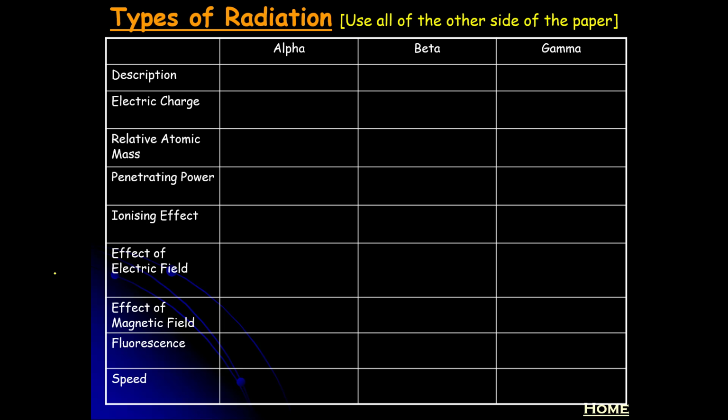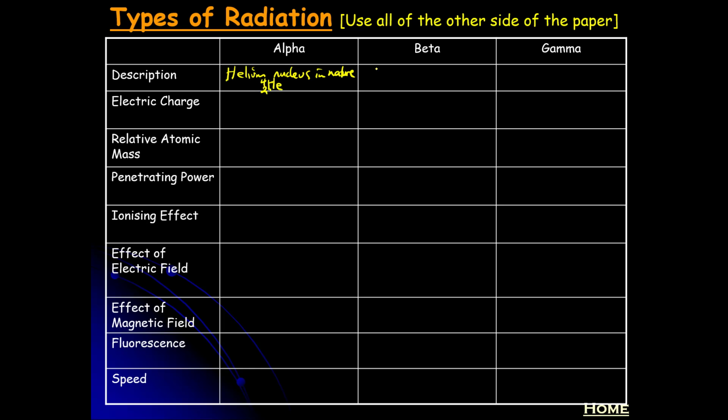So alpha particles, beta particles, gamma rays. What is the difference between all these radiations here? First of all, the alpha particle is a helium nucleus in nature, meaning that we can represent it like this. So we have 4, we have a 2.